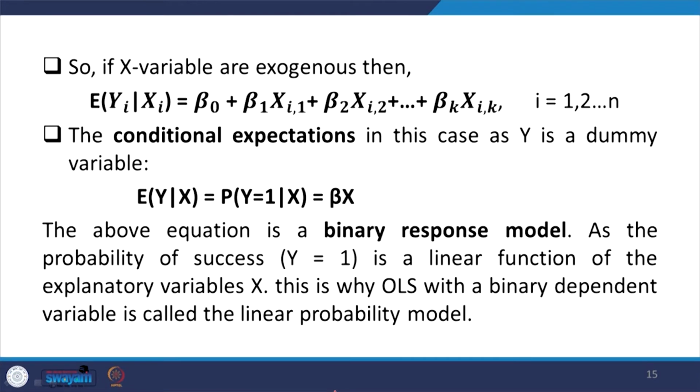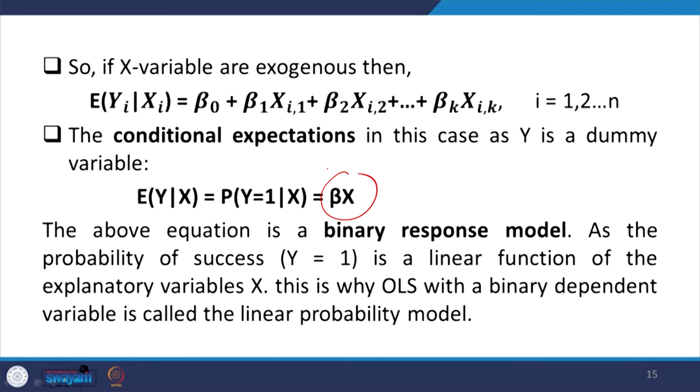So y is a dummy variable, as we mentioned several times. That means the expected value of y given x, if y is equal to 1, is beta times x, which is nothing but p, the probability of success.